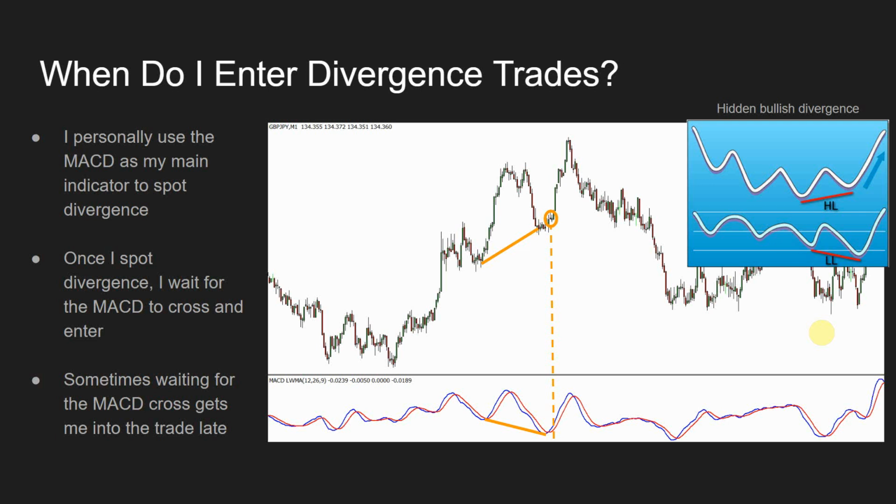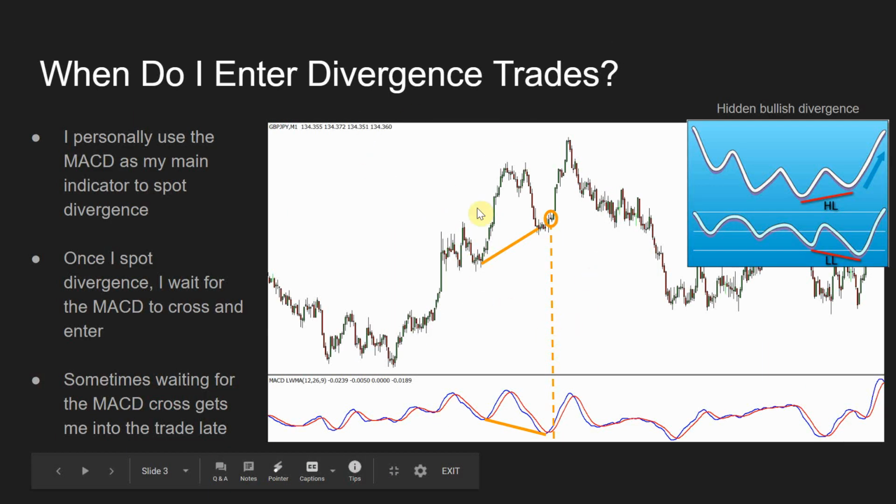I find it easier to see, and I actually use a linear weighted moving average MACD, which I'll link below, which you can download for your MT4 terminal. It's just my personal preference. Again, you can use the RSI, stochastics, whatever you want really. It doesn't make that much difference, but for me personally, I like to use the linear weighted moving average MACD.